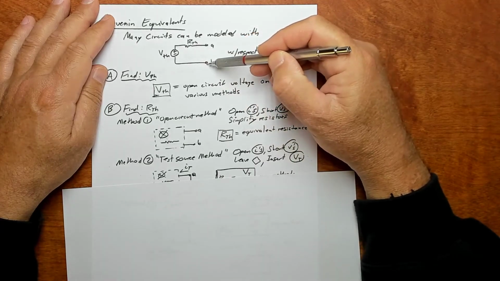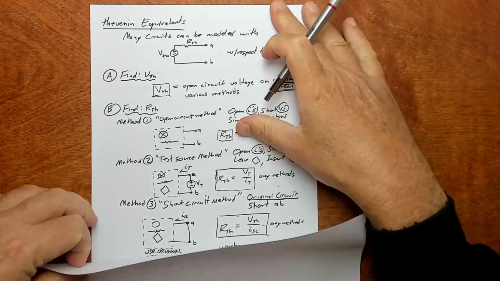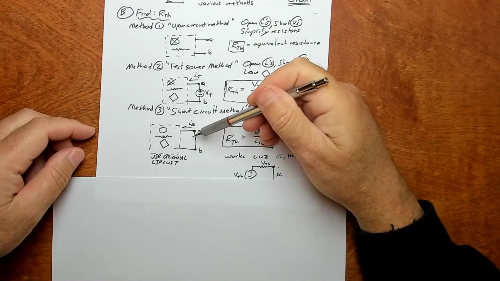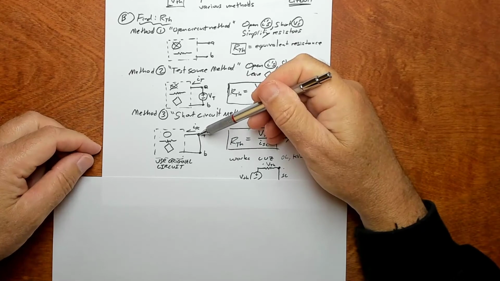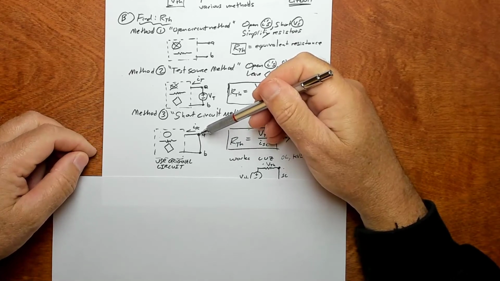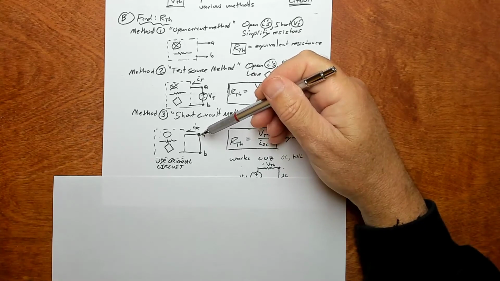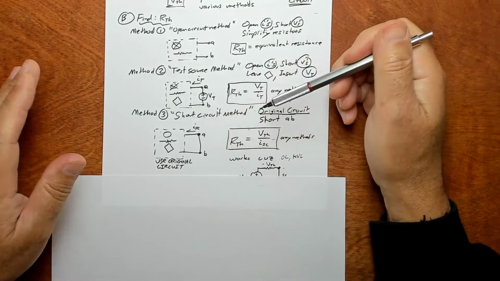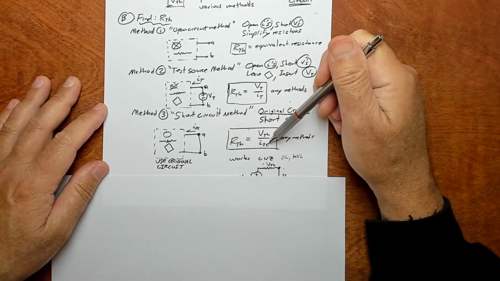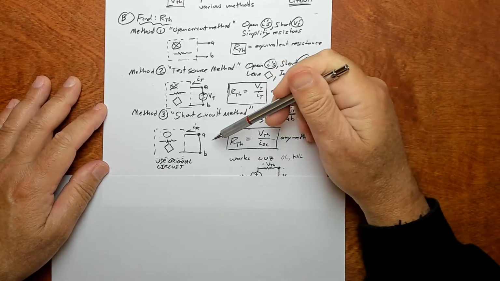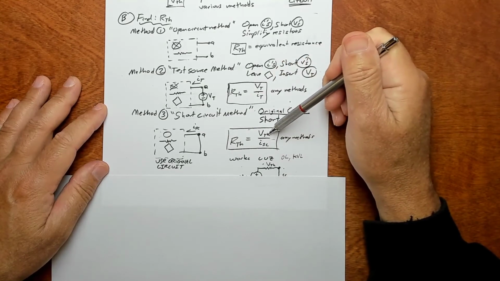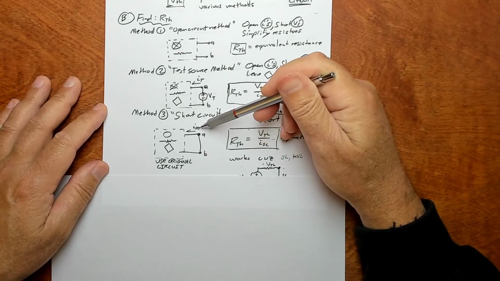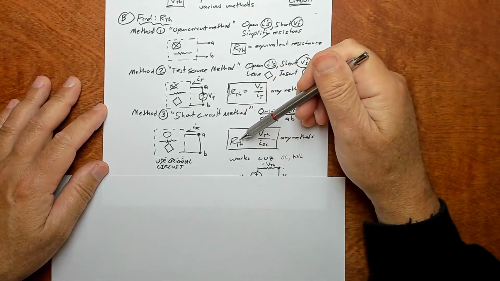So by shorting a more complicated circuit down in here, you've found R Thevenin if you know I sub short circuit and V Thevenin. So if you've previously solved for V Thevenin, and you solve for I sub short circuit, then you can solve for R Thevenin.